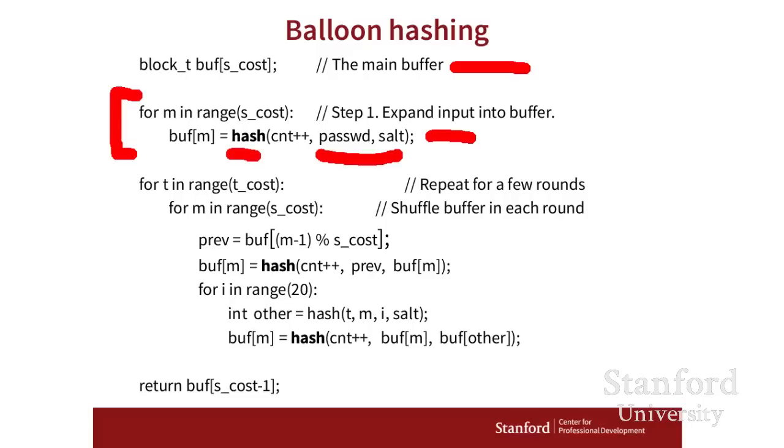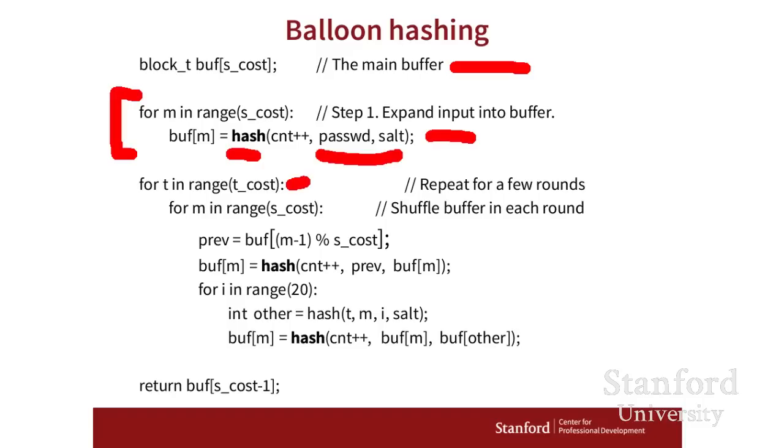All right, so then the next thing we do is a number of iterations. This depends on the time cost, and you can see the time cost variable here. The more you iterate, the more secure the hash function becomes in a certain sense, which I won't make explicit here. Then every iteration, we loop through the buffer and do the following steps.